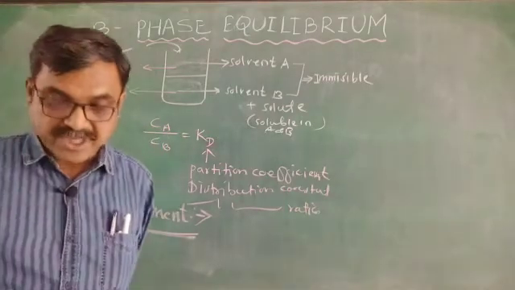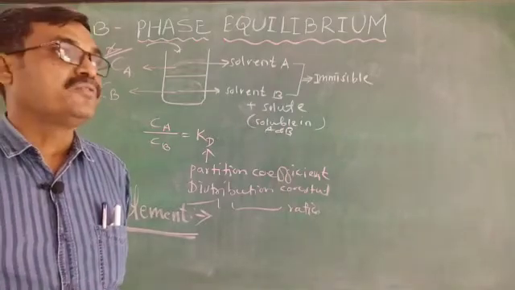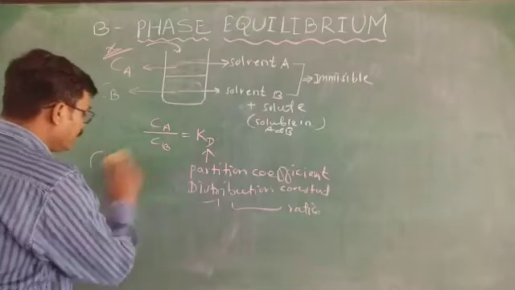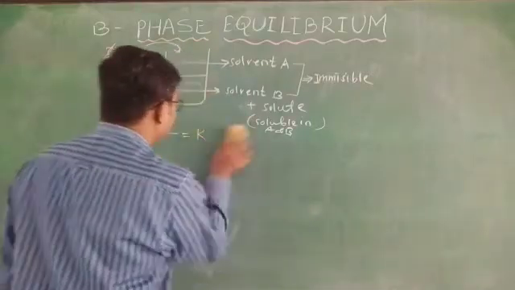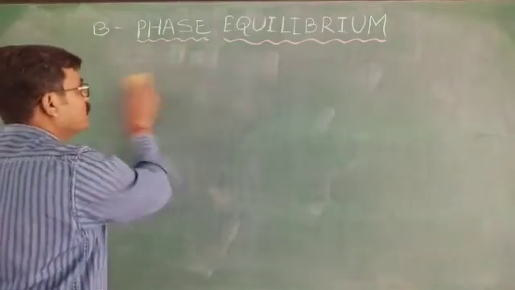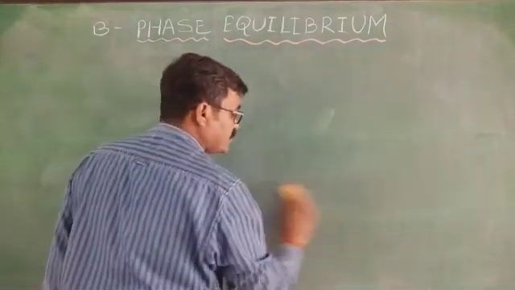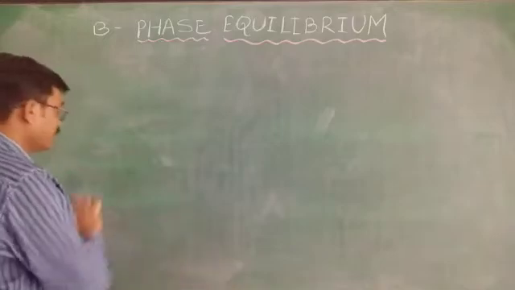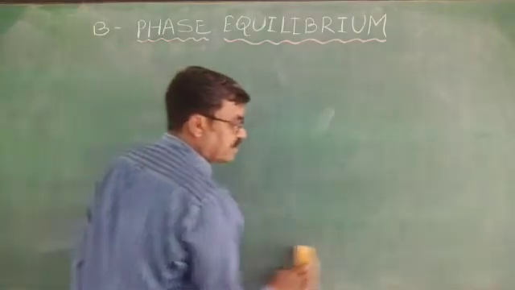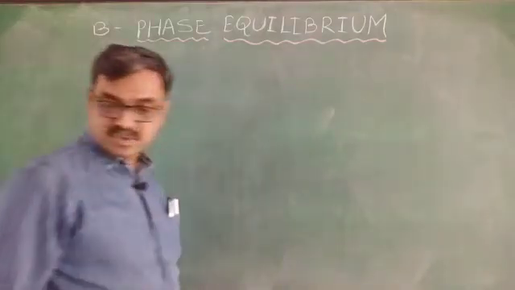Now see the conditions for validity of Nernst distribution law. For Nernst distribution law, we must know the solute and solvent. You know, solvent is the substance in a solution which is in more quantity, and solute is in less quantity, or solute is a substance which dissolves into the solvent.